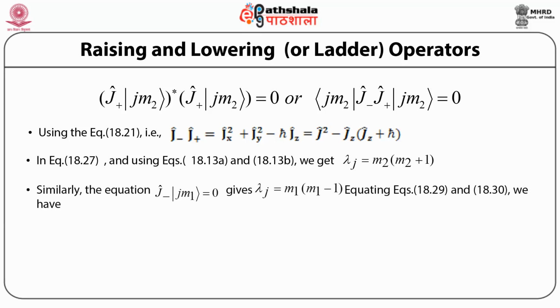Similarly, the equation operator j minus acting on ket j m1 equals 0 gives lambda j is equal to m1 into m1 minus 1.